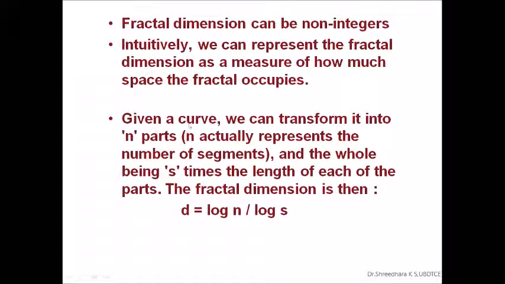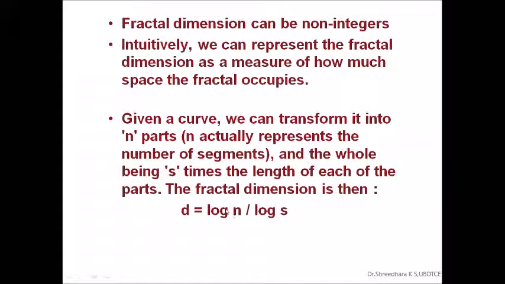Given a curve, we can transform it into n parts, dividing it into small segments, and the whole being s times the length of each of the parts. Then the fractal dimension is given by the equation d = log n / log s.